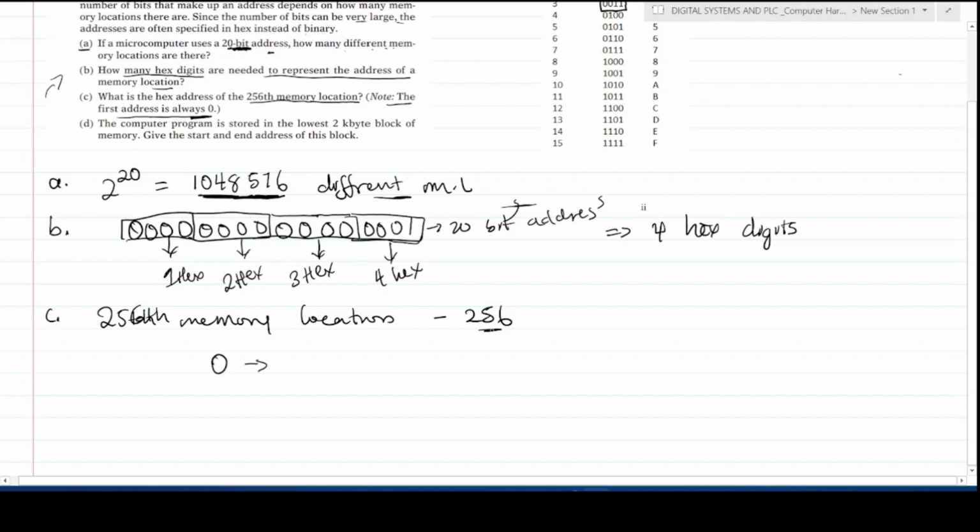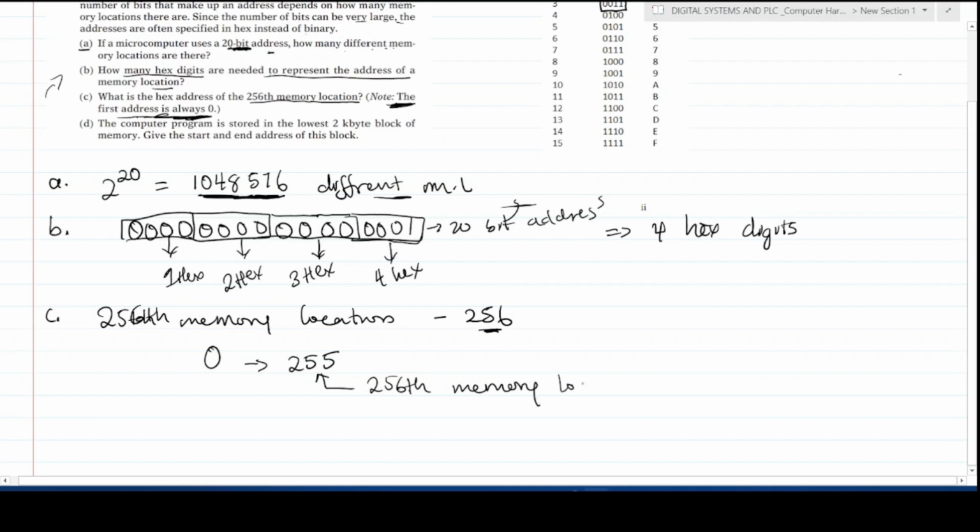If you count from 0, you're going to stop at 255, but if you start from 1, you're going to get to 256. So that's why it's very important to note that the first address is always 0. So the 256th memory location is actually 255 in value.